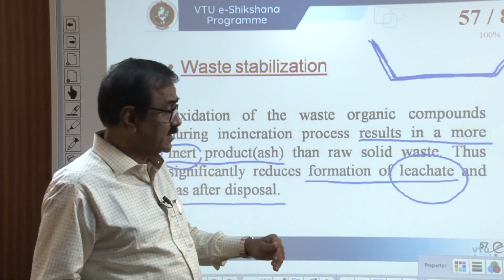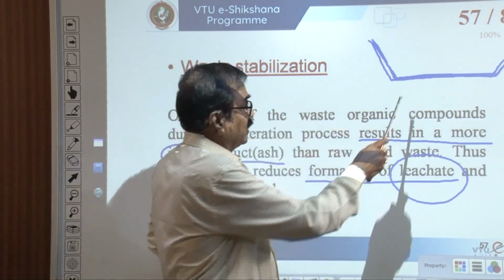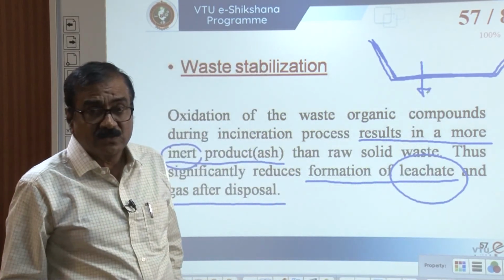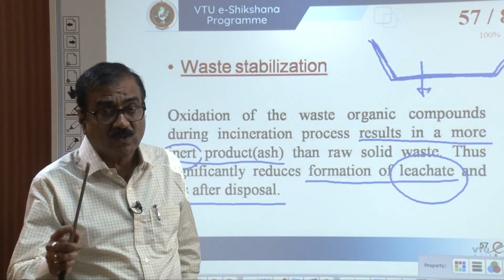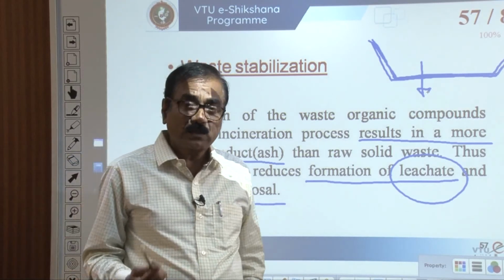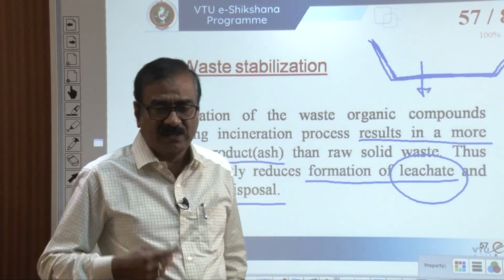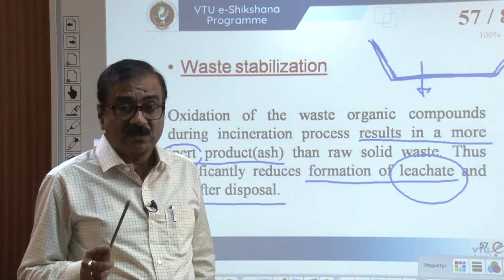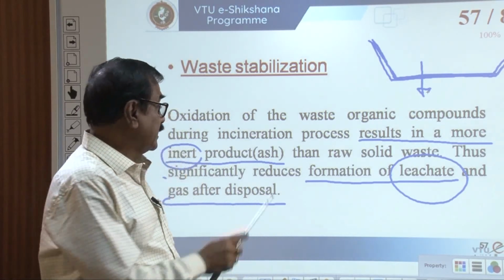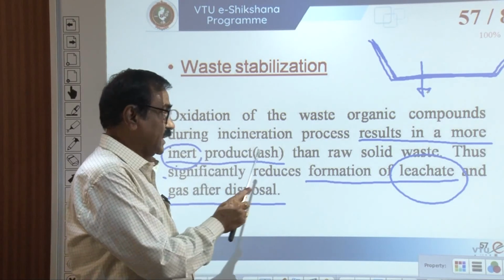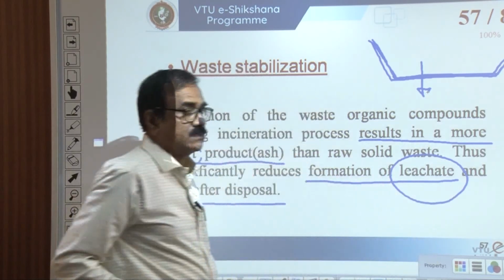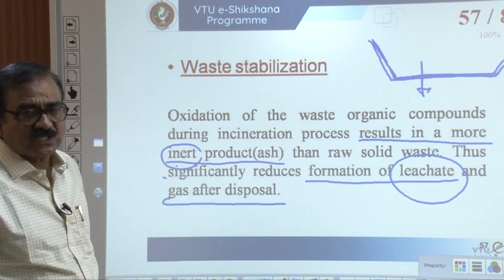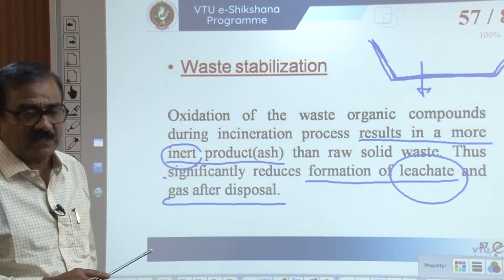And imagine a situation where leachate percolates through the bottom, if it is not lined, which will lead to groundwater pollution. Already water is a very scarce commodity in the present day scenario. So groundwater pollution is to be avoided. As it is inert, even if by chance leachate forms, it is not going to harm anything.